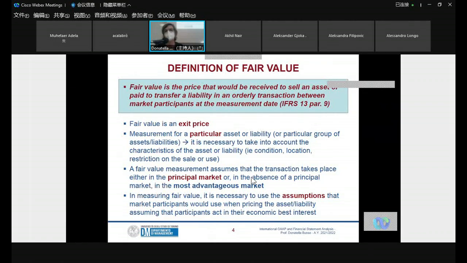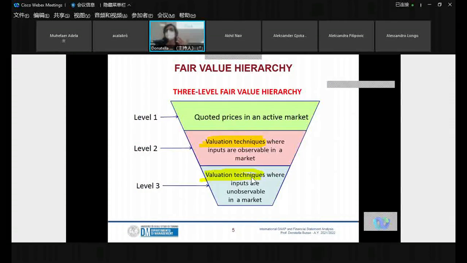The fair value is the price that would be received to sell that asset. So it is possible to use a mathematical formula that simulates exactly the price that the market participant would accept as a fair value at the measurement date.